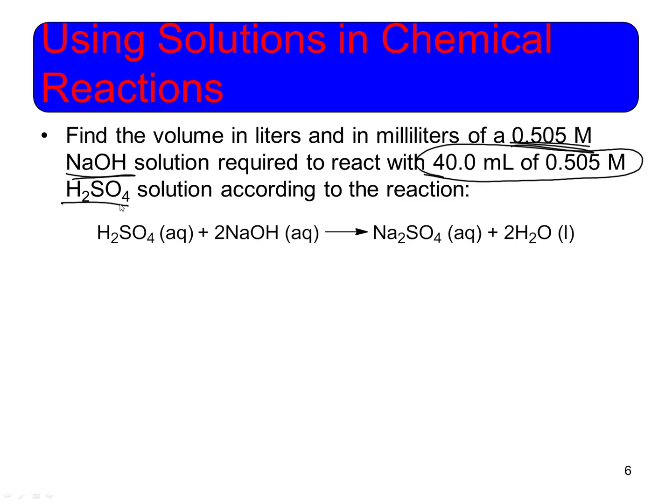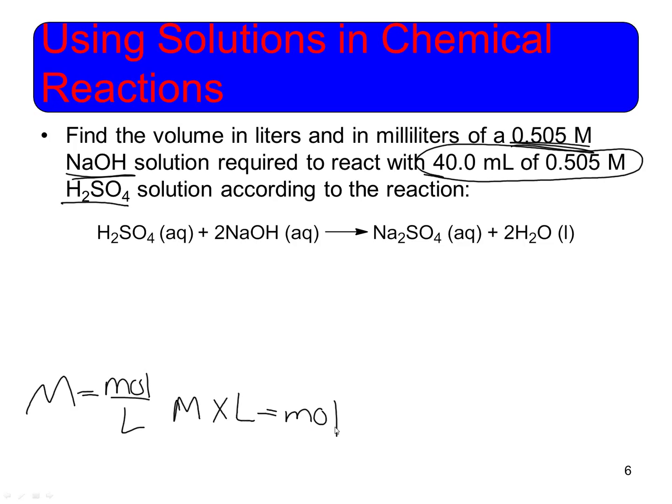Everybody remember, this is why it's so important. If we rearrange molarity equals moles per liter to solve for moles, what do we get? It's the very first problem we did. If we rearrange, molarity times liters equals moles.